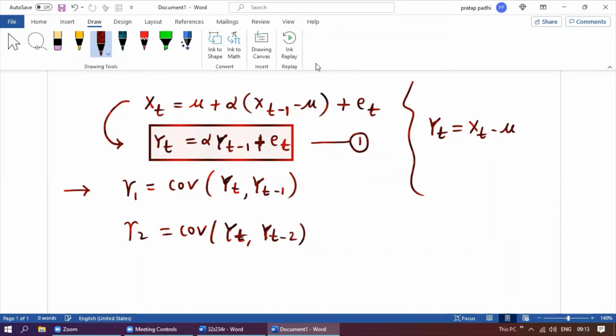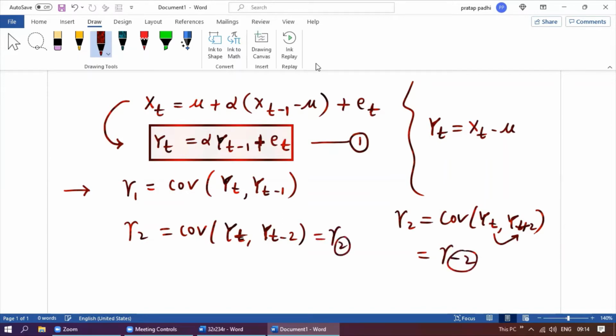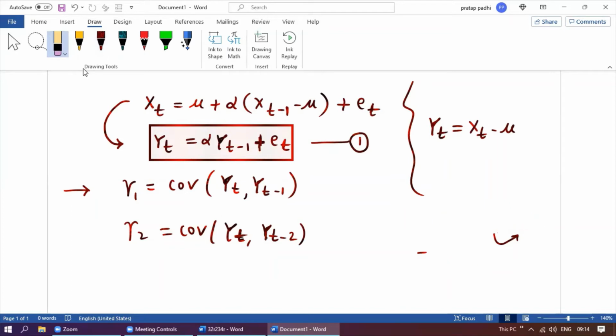Suppose you write gamma 2 as covariance of yt, yt plus 2, then also it will be, I mean, if you take the difference this way, it will be gamma minus 2 and this will be gamma 2, right? So gamma minus 2 and gamma 2 are the same, because covariance of xy is covariance of yx. So we will not worry about these things here anymore.